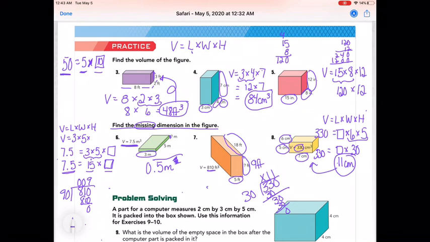Okay, so you are going to have just regular find the volume problems, which means just do volume equals length times width times height, figure out the answer. And then you're also going to have find the missing dimensions in the figure problems, where you need to actually divide the volume by this part over here, whether it's length times width or width times height, whatever it is, to get the missing dimension.